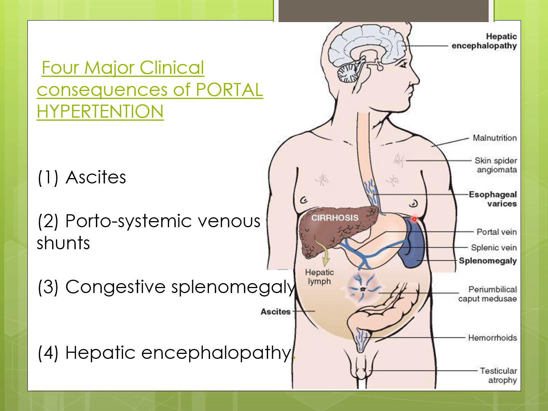So these are three features due to portosystemic venous shunts: esophageal varices, caput medusae in the periumbilical region, and hemorrhoids. Then because of the portal hypertension, the splenic vein is also a part of portal circulation, so there is congestive splenomegaly, an increase in the size of the spleen.